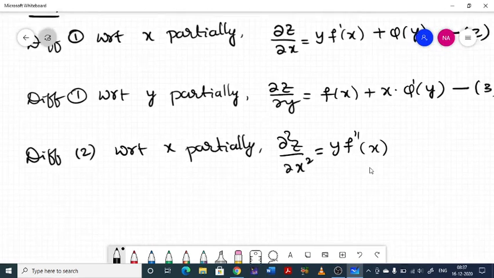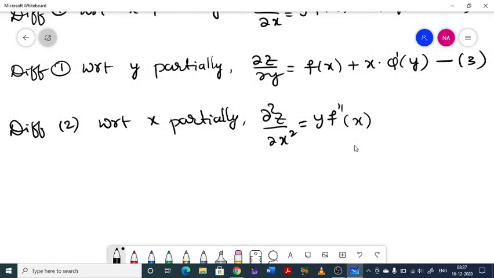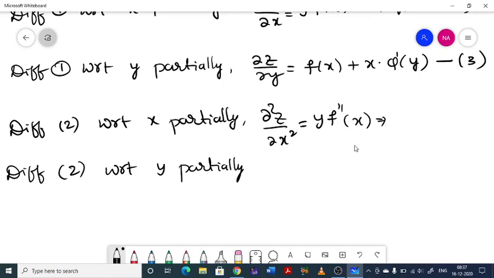Similarly, differentiating equation 2, I have to get the mixed derivative also, with respect to y partially. So from this you can write r equal to y f''(x).